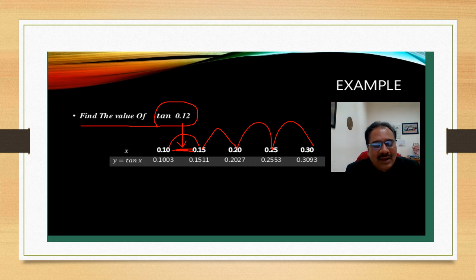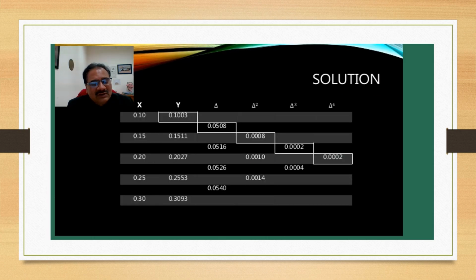You have every other data, but you have missed some intermediate data. Then with the help of the Newton forward formula, you will get it. This is the beautiful application of Newton's forward interpolation formula. So let us look at how to solve.